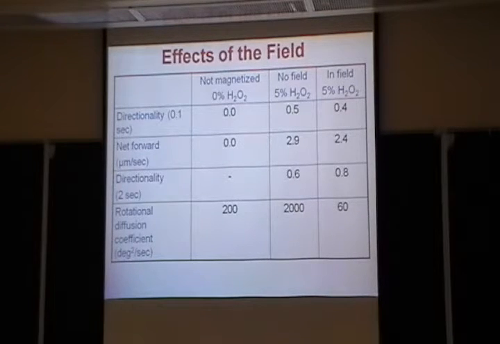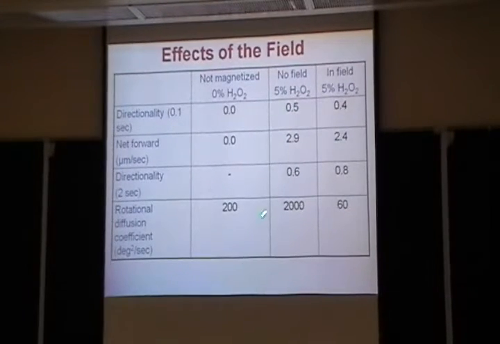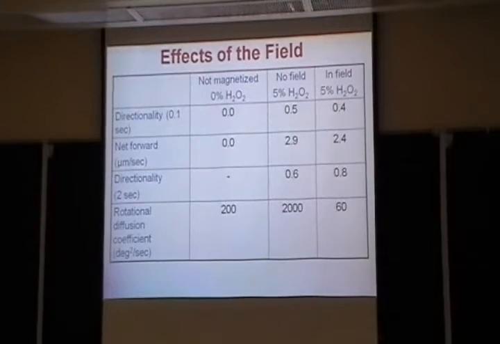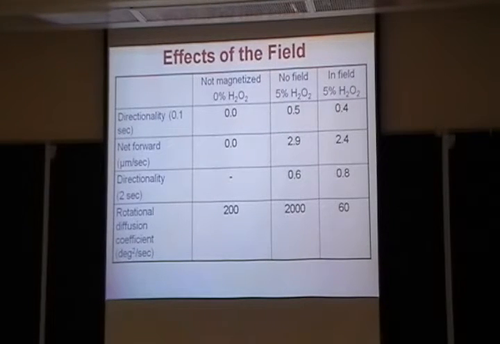If you now give it fuel but not a magnetic field, you give it power but no sense of direction, so they are like teenagers, right? And so they just go crazy and it goes up an order of magnitude. But if you then apply the field, you dampen the whole thing down, and then they start to move more directionally.